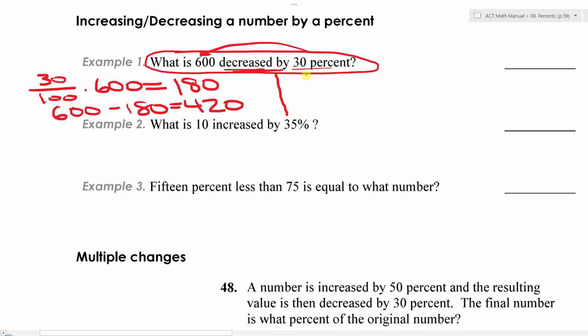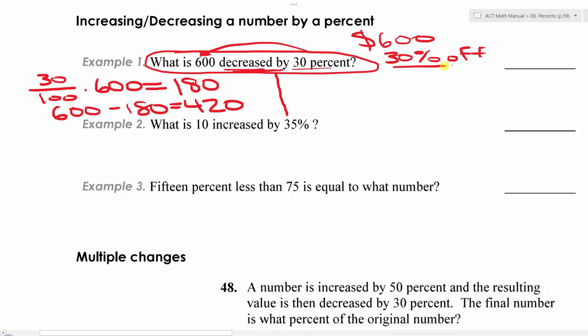Now, if you wanted to do this in one step, here's what you need to think about. If you were to walk into a store and you saw something for $600, but the sign next to that thing for $600 said 30% off, what I would ask is 30% off is the same as what percent of?